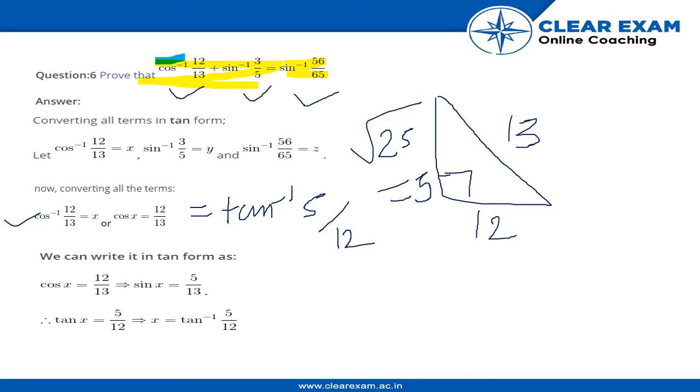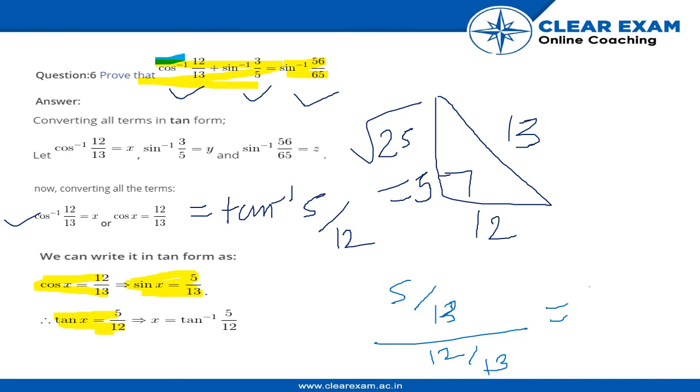Let's see how they have done it. They wrote cos x is equal to 12 by 13. Then they applied the formula sin square x plus cos square x is equal to 1, and found the value of sin x is equal to 5 by 13. Then they applied tan x is equal to sin x upon cos x. Sin x was 5 by 13 and cos x was 12 by 13.